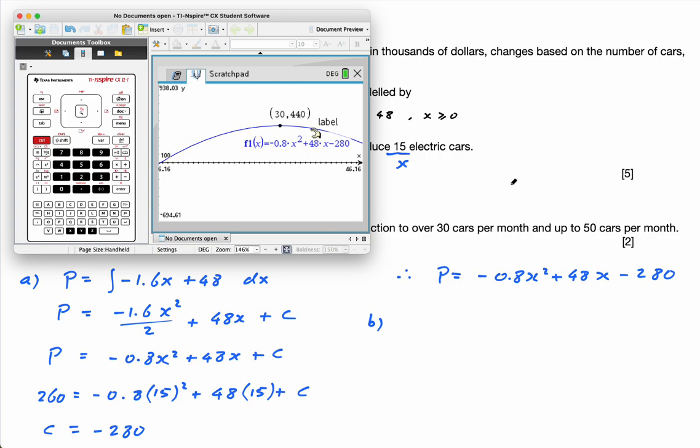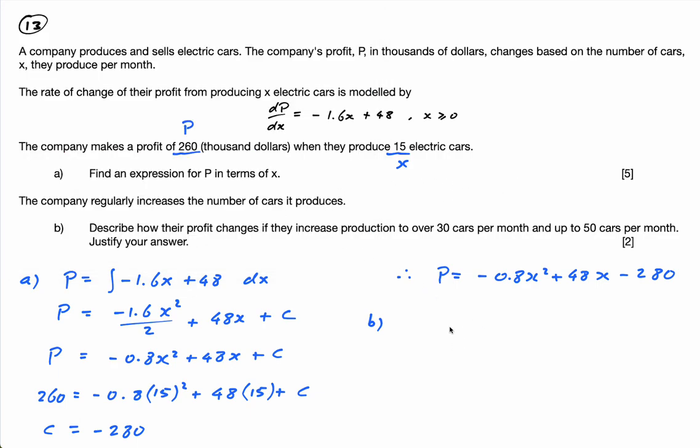The way you can explain this, because they do say justify your answer, is draw a little graph, a little quadratic here, like this. This is P. This function is P of X, or let's say P equals f of X.